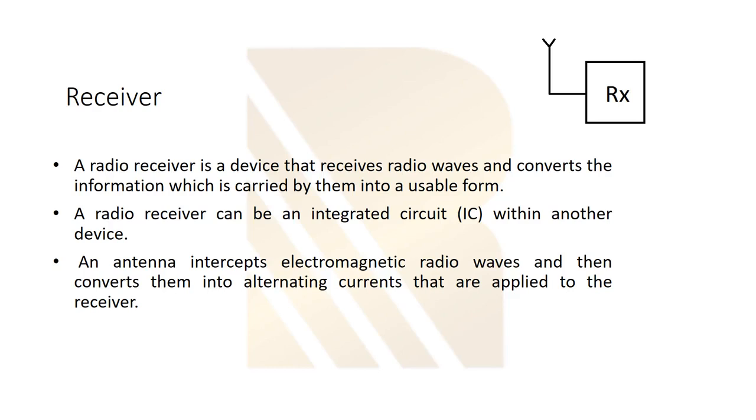A radio receiver can be an integrated circuit, IC, within another device. And there is an antenna, which is connected to our receiver. So we can say an antenna intercepts electromagnetic radio waves and then converts them into alternating currents that are applied to the receiver.